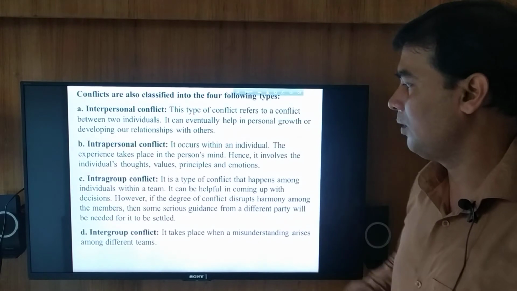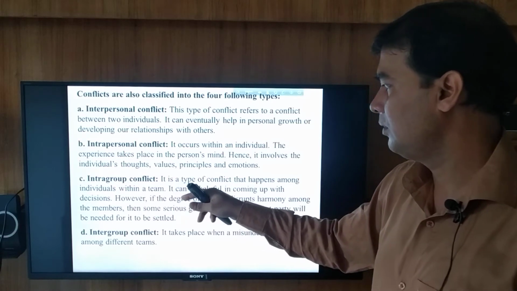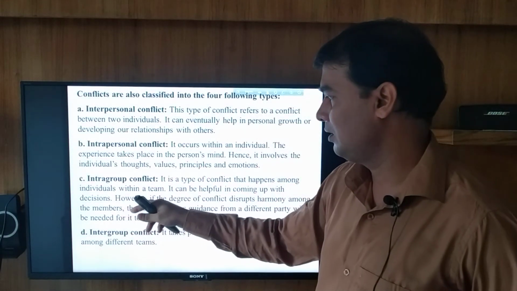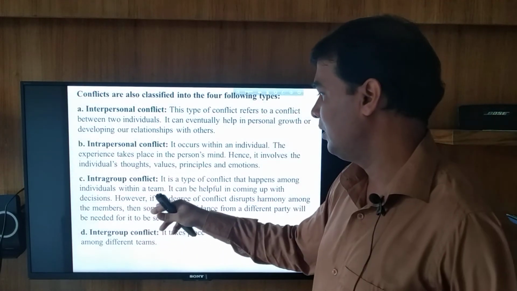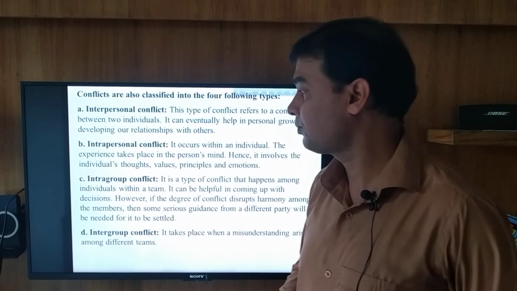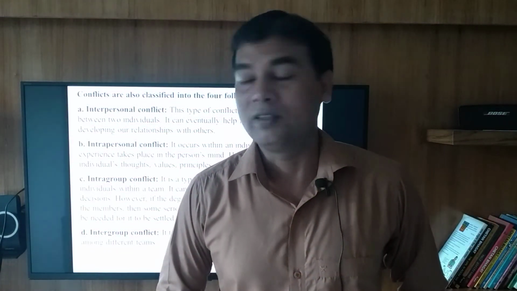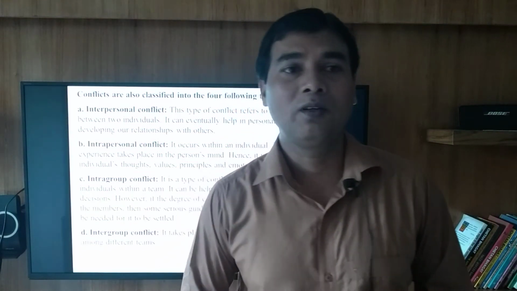Then intragroup conflict. It is a type of conflict that happens among individuals within a team. It can be helpful in coming up with decisions. However, if the degree of conflict disrupts harmony among the members, then some serious guidance from a different party will be needed for it to be settled. For example, there is a party named Democratic Party, and this party has some organizations.